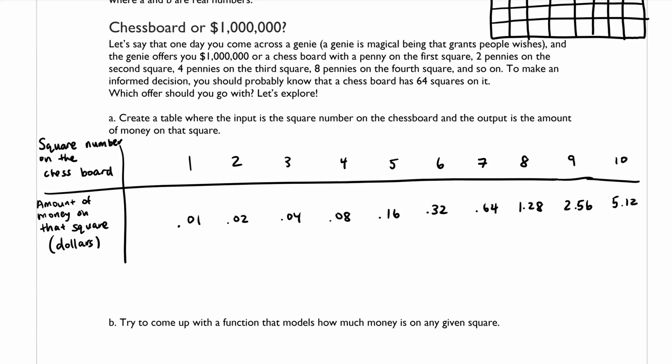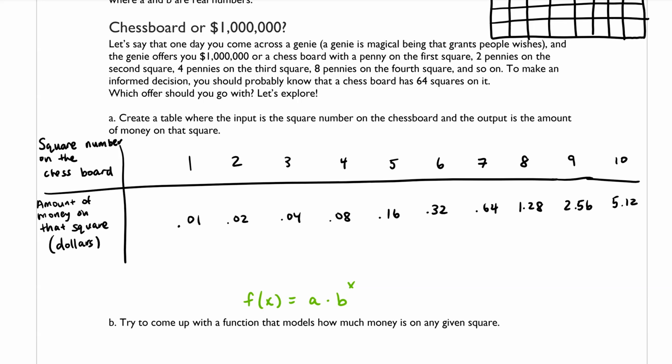So part B says, try to come up with a function that models how much money is on any given square. Now, I told you earlier that we were dealing with exponential functions, and those look like f of x equals a times b to the x power. Now, what is a power or an exponent? Well, if you've taken a math class before, you might have seen that that represents repeated multiplication.